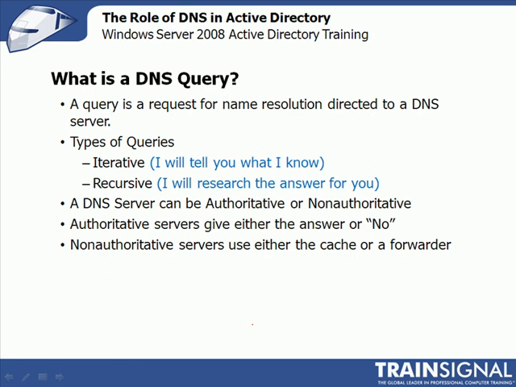So a non-authoritative server will either look in its cache, or it will use what's called a forwarder, which is something we're going to get into in just a moment, to go out and look up the answer from another DNS server.